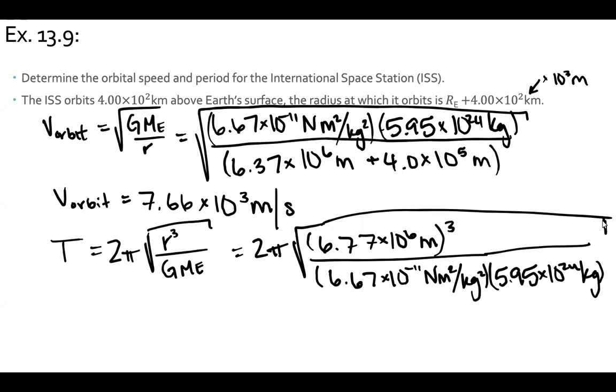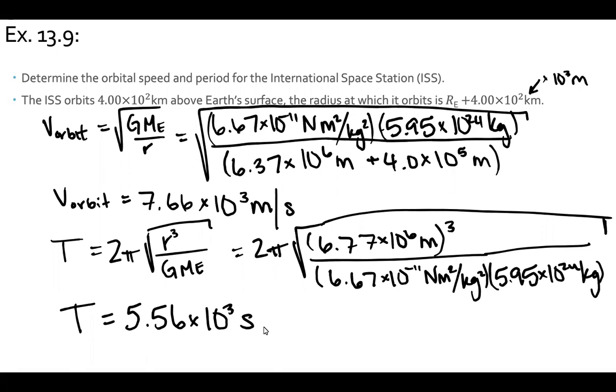Okay, and then we take the square root of that and multiply it by 2 pi. Okay, so we get the orbital period is 5.56 times 10 to the 3rd, and this is going to be in seconds.